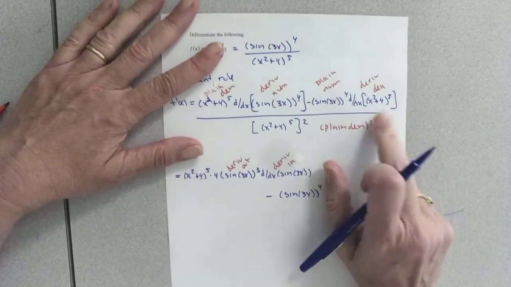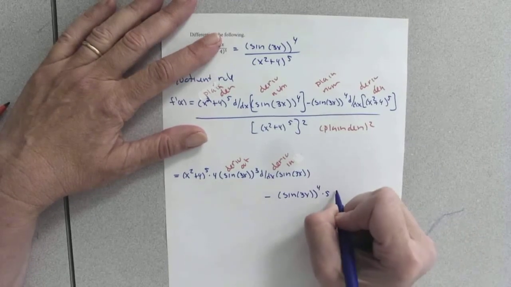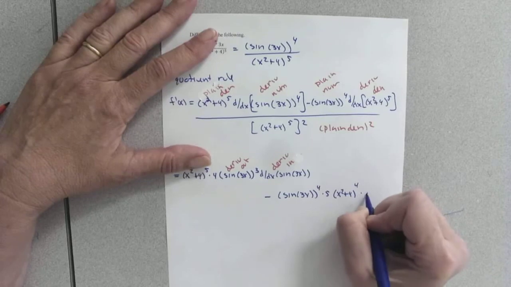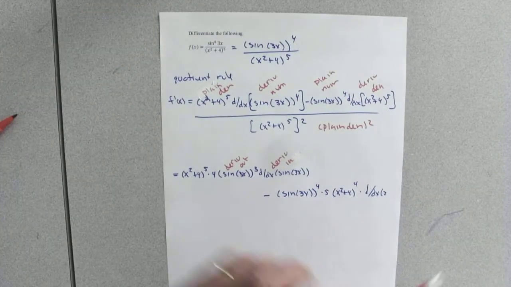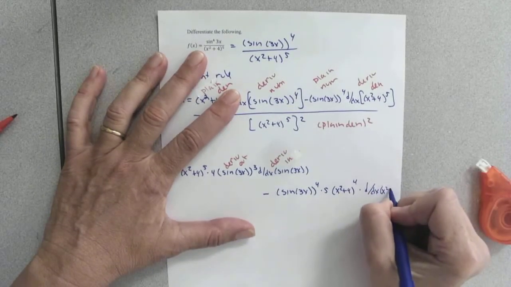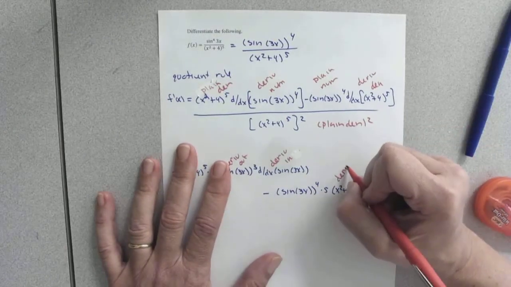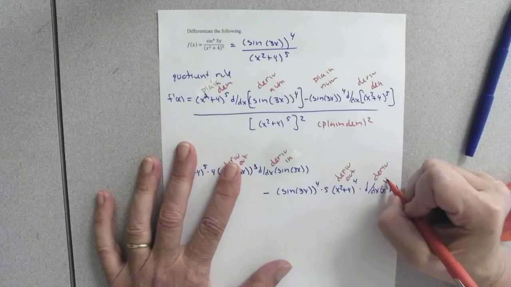Derivative of the inside, derivative of the denominator, excuse me. Start on the outside. Multiply by that exponent. Leave everything else alone. Then times the derivative of the inside. So derivative outside, derivative inside.